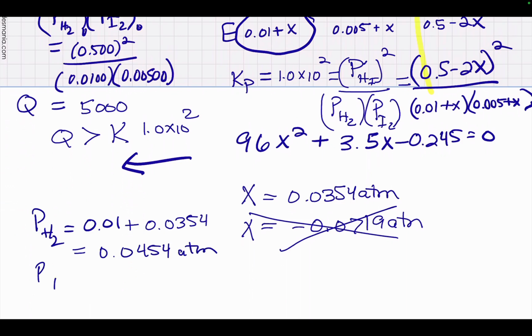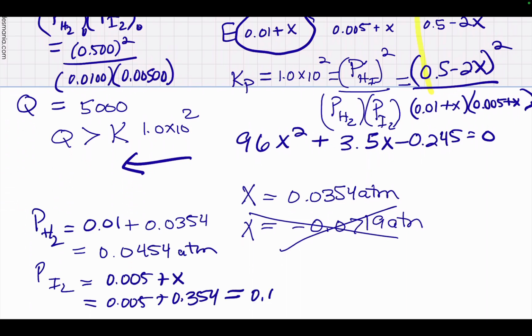The pressure of the iodine is 0.005 plus x. So remember my x is 0.0354. So I end up with an answer of 0.0404 atm.